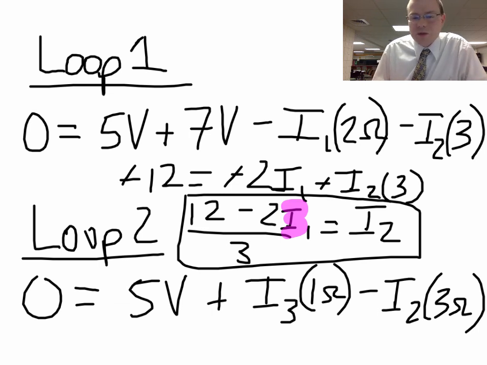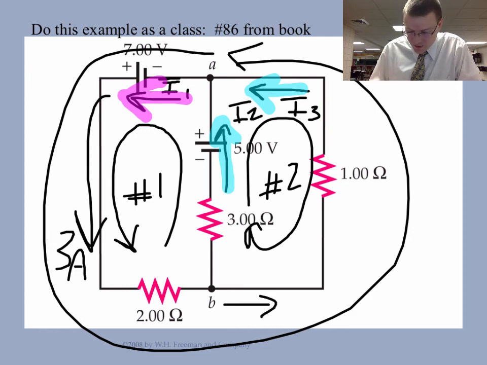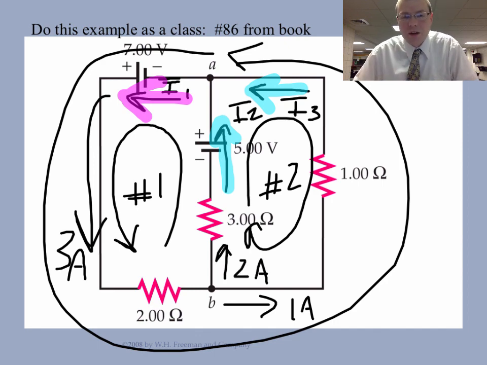So 3 times 2 is 6. We've got 12 minus 6 is 6, over 3 gives me 2 amps in the end for I2. So I've picked all my currents correctly as I went around that loop. 3 amps is what leaves the battery. 1 amp goes across the 1 ohm resistor, and 2 amps heads up to the 5-volt battery.